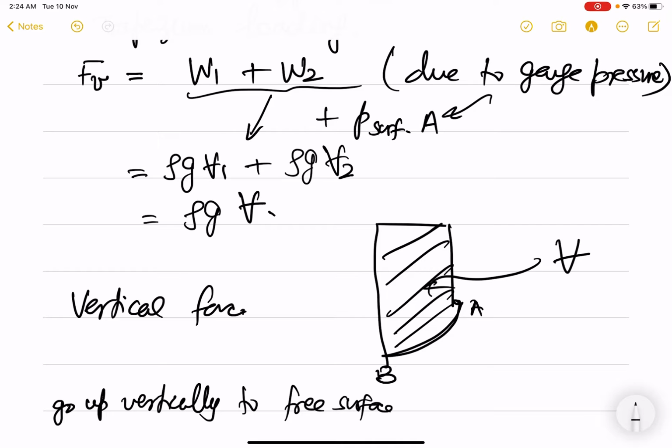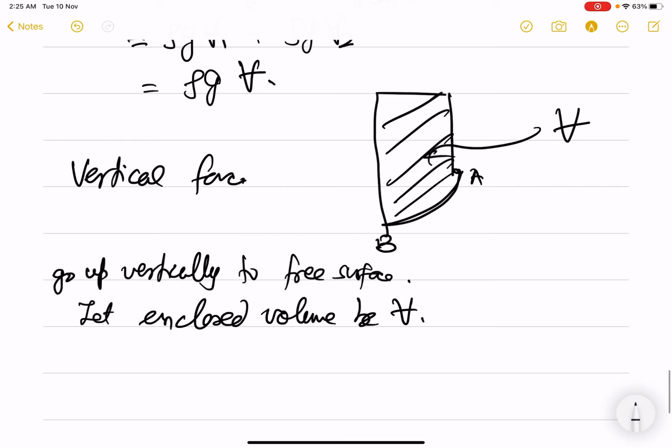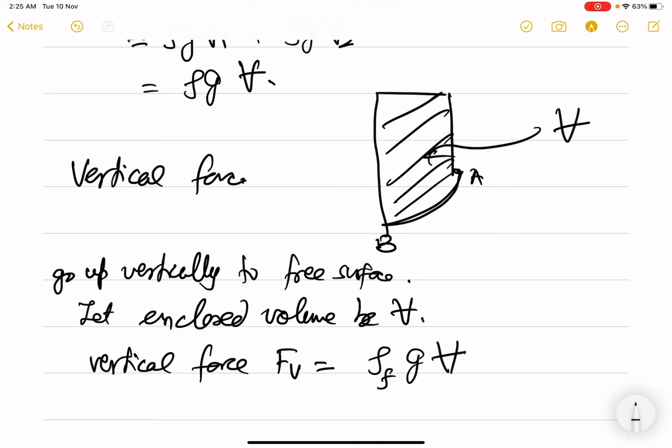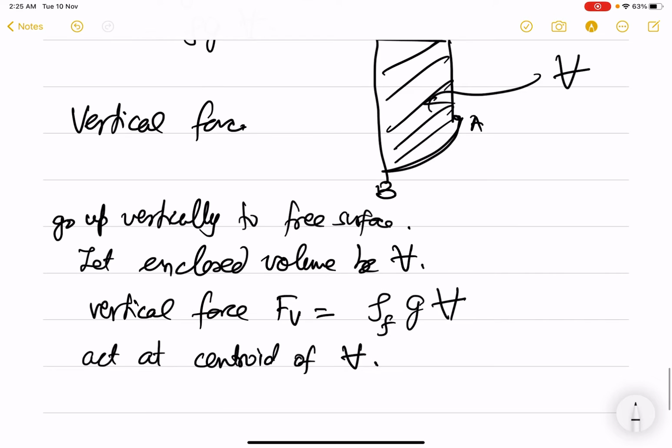Let the enclosed volume be V. Then the vertical force Fv is equal to rho of the fluid times G times this volume V, and this will act at the centroid of the volume V. So this is how one can find the vertical force on a surface.